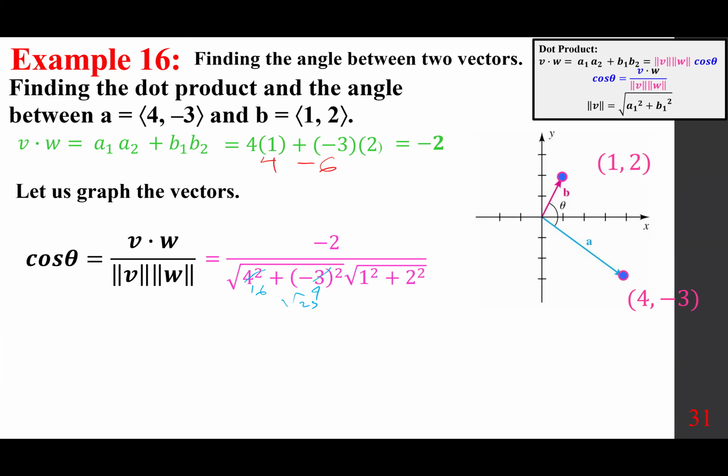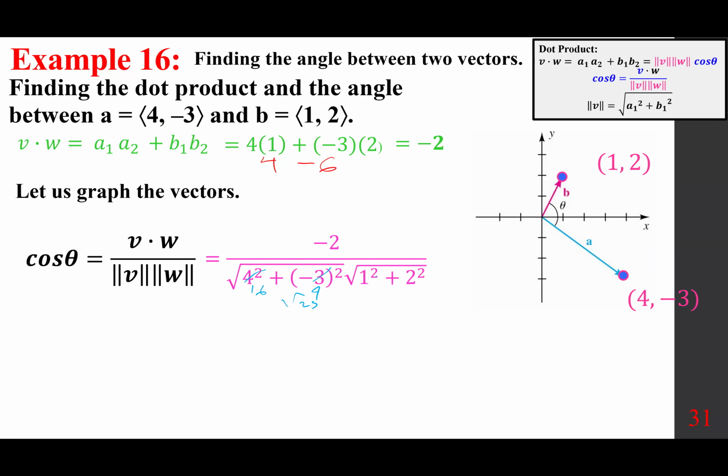We're going to multiply the top and the bottom by square root of 5. The bottom becomes 5 times 5 or 25. The numerator is negative 2 square root of 5.